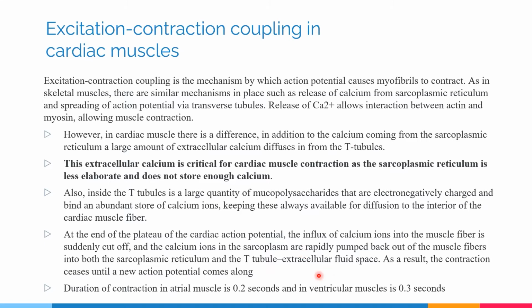The calcium being pumped out is essential to stop the contraction of the heart muscle and allow it to relax. As a result, the contraction ceases until a new action potential comes on and again allows the muscles to contract, which will require the calcium to flow back into the sarcoplasm. The duration of the contraction in atrial muscles is 0.2 seconds and in ventricular muscles is 0.3 seconds.